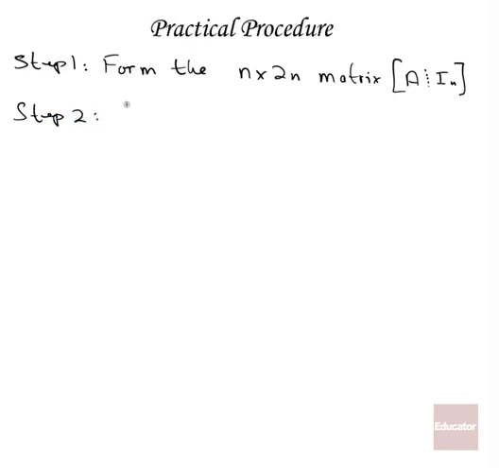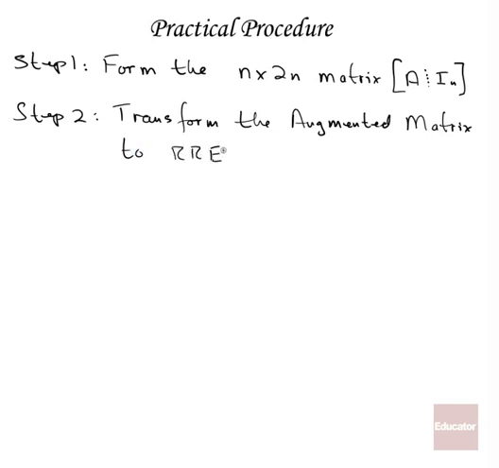Step 2, transform the augmented matrix to reduced row echelon form, this entire matrix here. Transform the entire thing to reduced row echelon form, again using mathematical software. I can't tell you how wonderful mathematical software is. It has made life so wonderful. It's amazing.